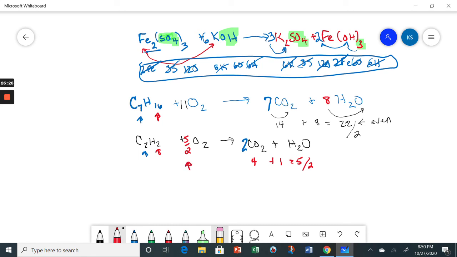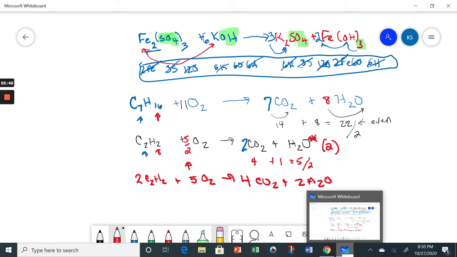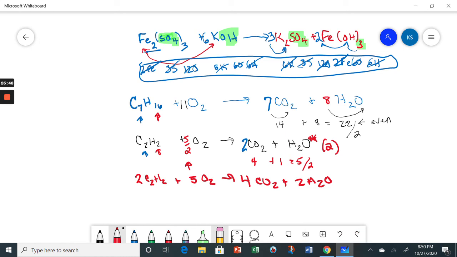So then this becomes 2 C2H2 plus 5 O2. Now don't forget, 2 times that, 4 CO2 plus 2 H2O. See how I took this particular equation and I multiplied everything by 2. So in the notes it says double it and then fix your O's. So make sure your O's are the right number.